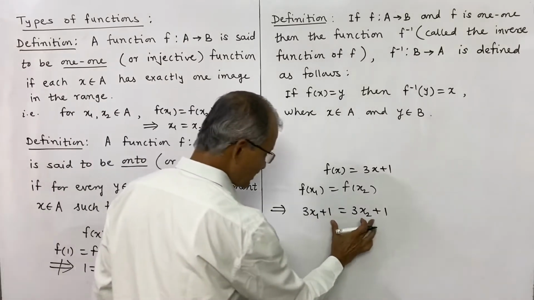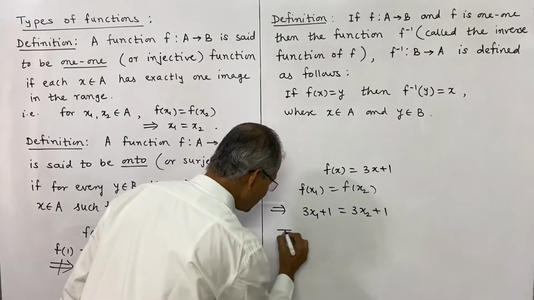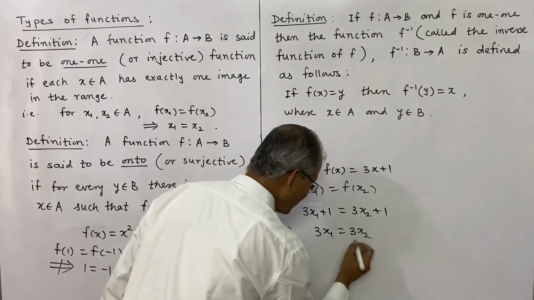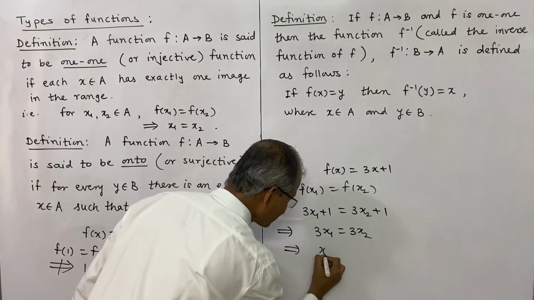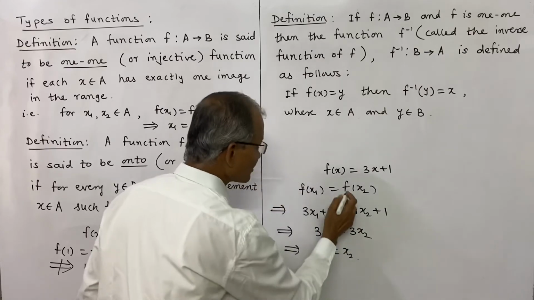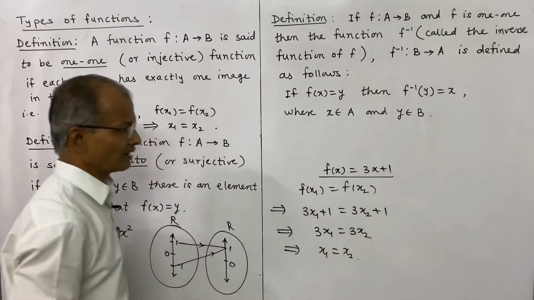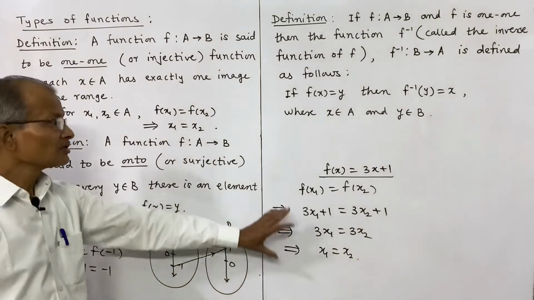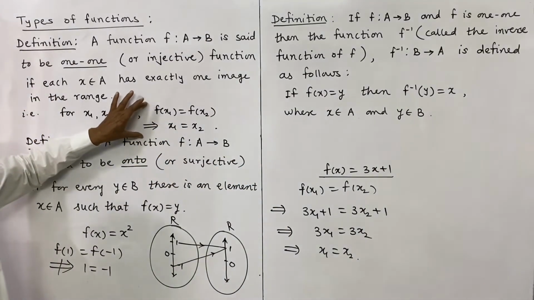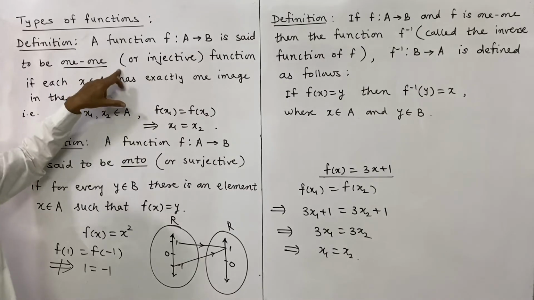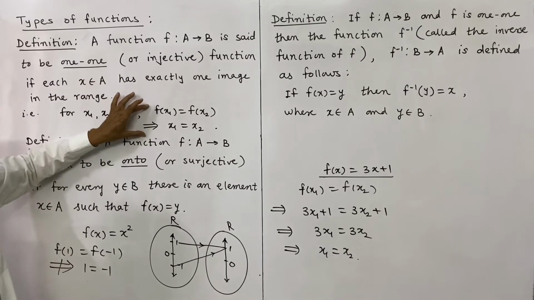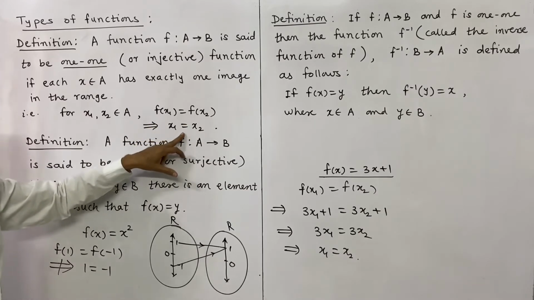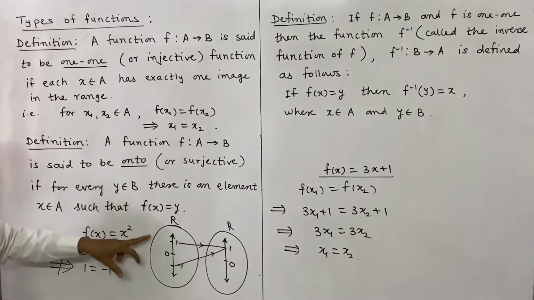Now we can cancel 1 from both sides, and this gives 3x1 equal to 3x2, and dividing by 3 we get x1 equal to x2. Therefore the function defined by the relation f of x equal to 3x plus 1 is 1-1. So this is the important condition or criterion for a one-to-one function: f of x1 equal to f of x2 must imply x1 equal to x2, where x1, x2 are in the domain.